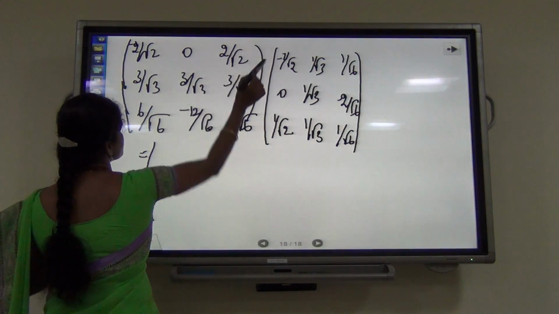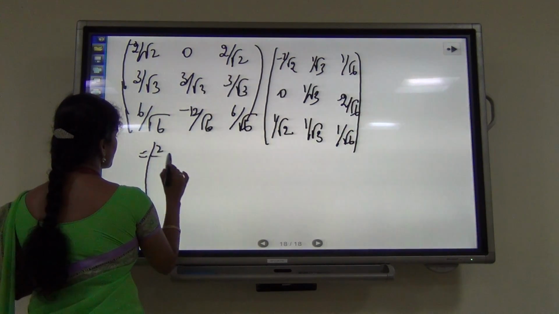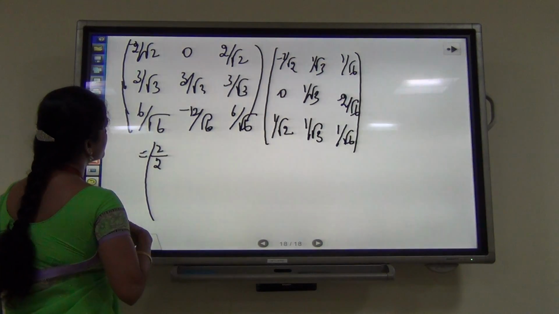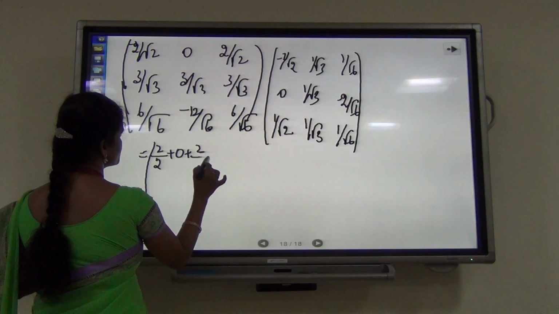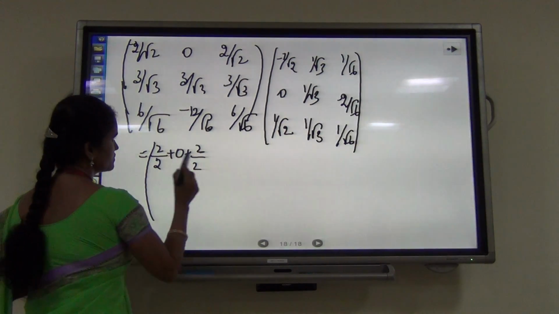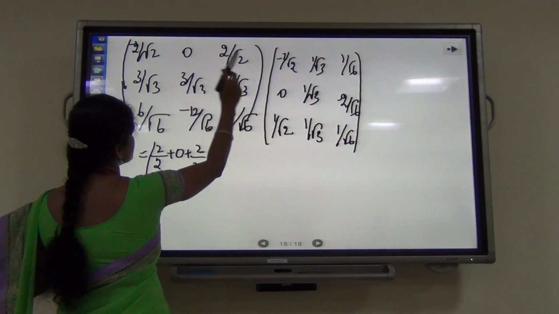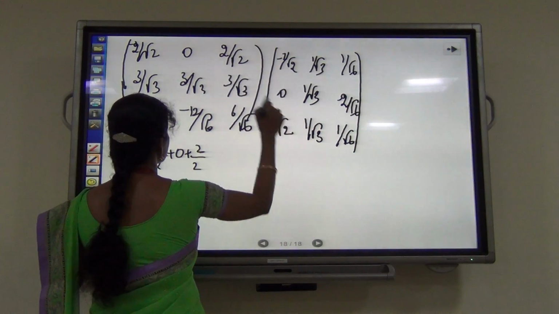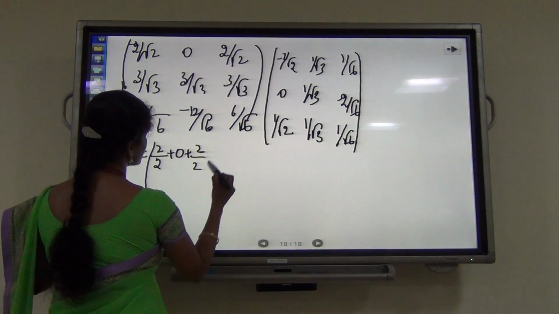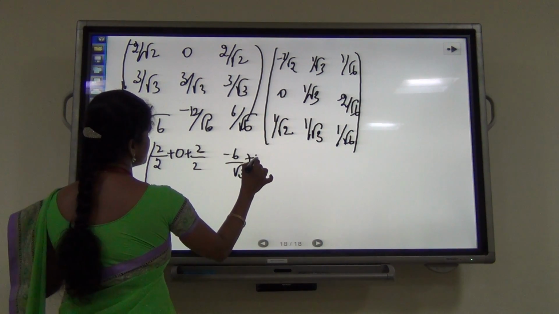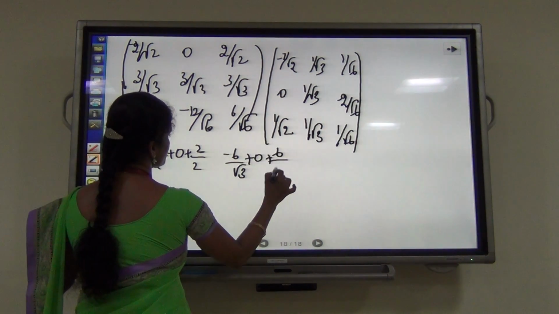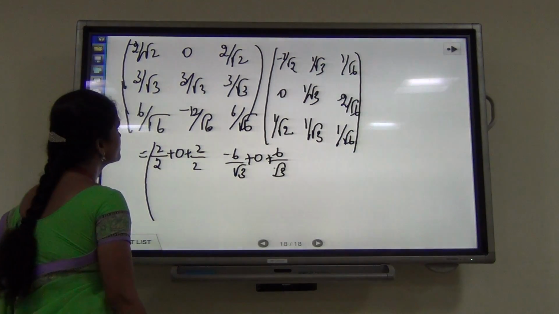So minus 2 into minus 2, it is 2, 2 by 2 plus 0 plus again plus 2 by 2. Root 2 into root 2 is 2. Next entry is first row with second column, minus 6 by root 3 plus 0 plus 6 by root 3. This will be 0.